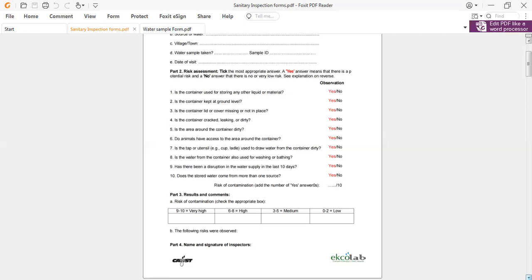Following this, part B of this part 3 says, following risks were observed. So for instance, if you realize that the rate of contamination falls between 9 and 10, you need to give an observation. And this observation is according to what you've seen up there.